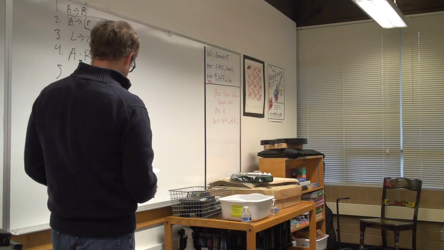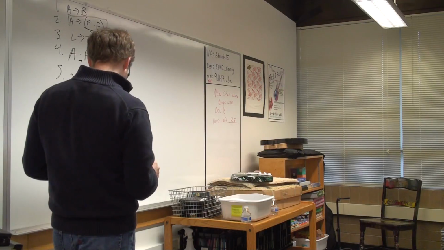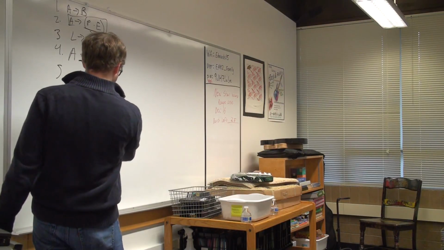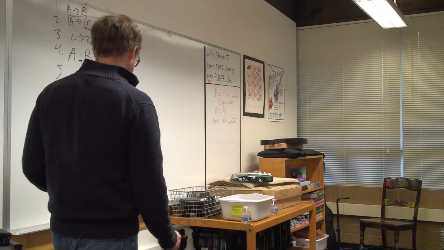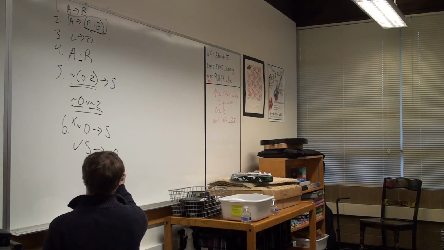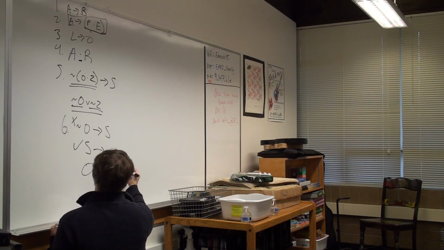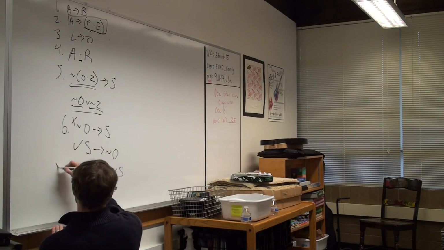The other way to do it is to keep this order, but then you have to add negations to both sides. So this one is also okay. Or it's okay to put 2 negations there. That's fine.